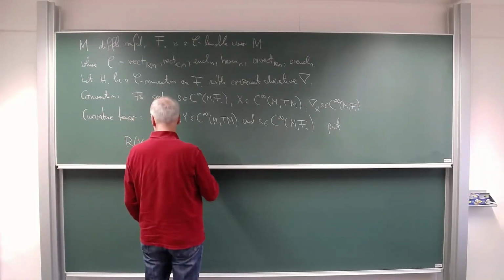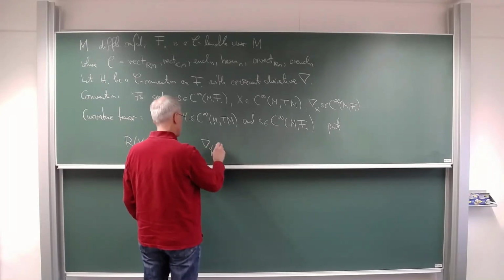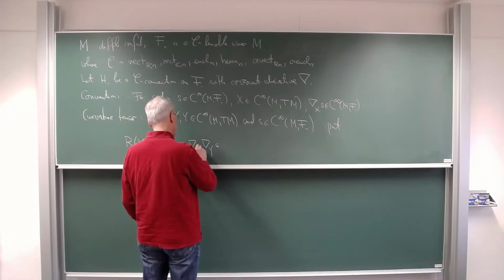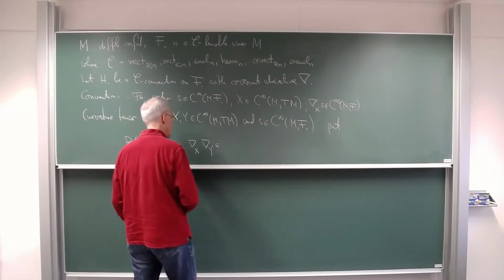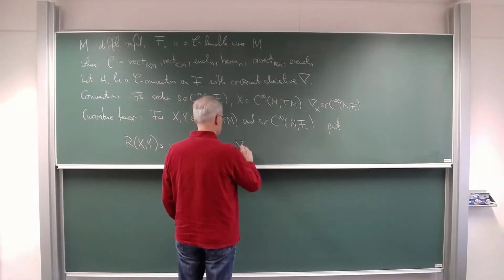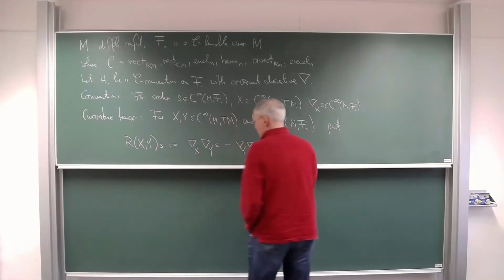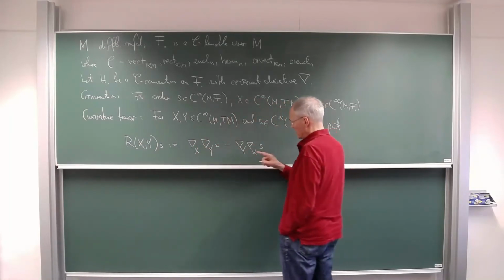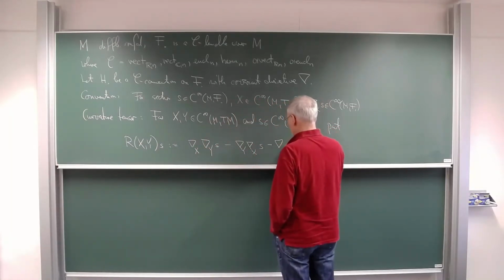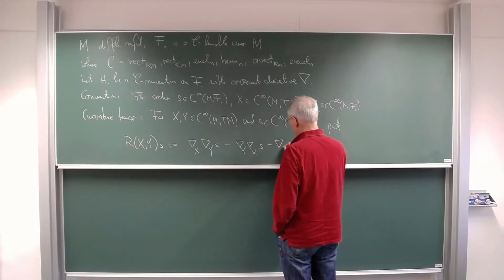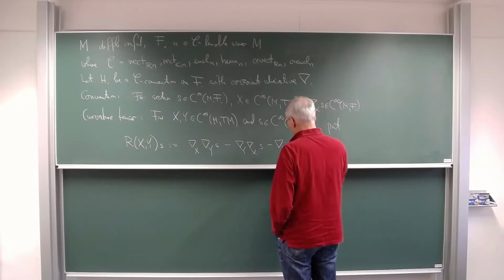And there are two orders in which we can do that. So first differentiate in direction Y, then differentiate the resulting section in direction X, or we do it the other way around. Take the difference, and then there's a correction term taking care of derivatives of the vector fields, which is the covariant derivative of S in the direction of the Lie bracket of the vector fields.